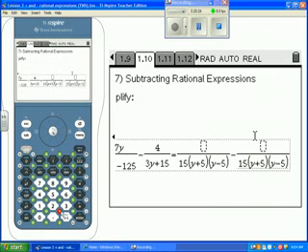Okay, so we've got our common denominator, right? Are the tops still the same? No. What did we have to multiply our first one by to get the denominator? 3. So 7y becomes what? 21y.